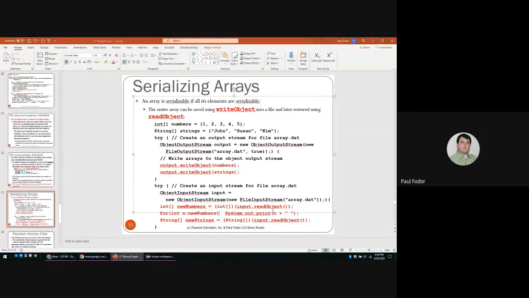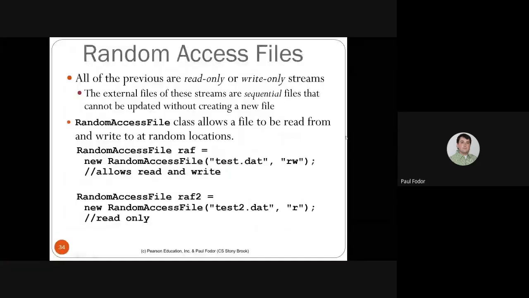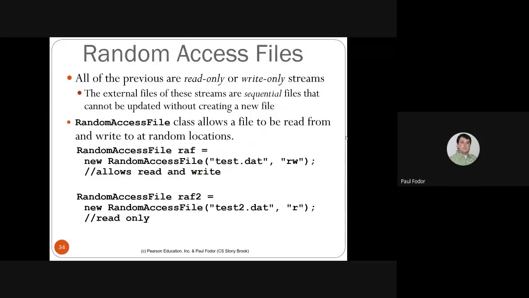Good. Okay. The last topic of today's lecture is random access files. All of the previous classes that we read are read-only and write-only streams. Basically, you have input streams and you have output streams. And all of these were sequential files.